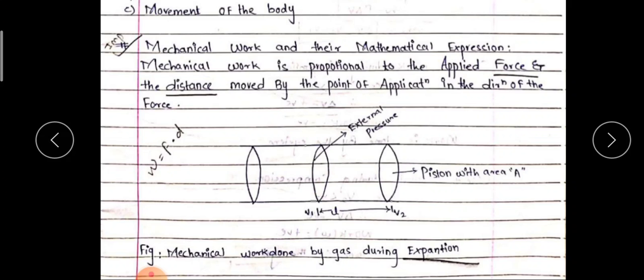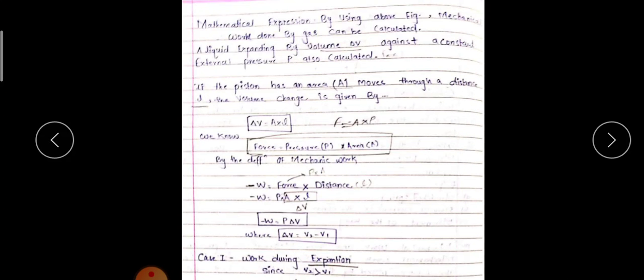Similarly, the external pressure is applied, and the piston has area A. The distance is L. Then the work done by the gas can be calculated. A gas expanding by volume delta V against a constant external pressure P is also calculated. If the piston with area A moves through distance L, the volume change is delta V equals A into L.